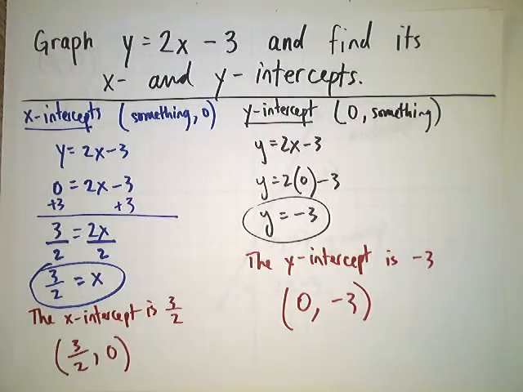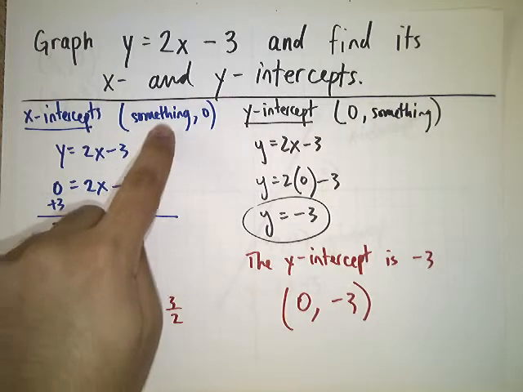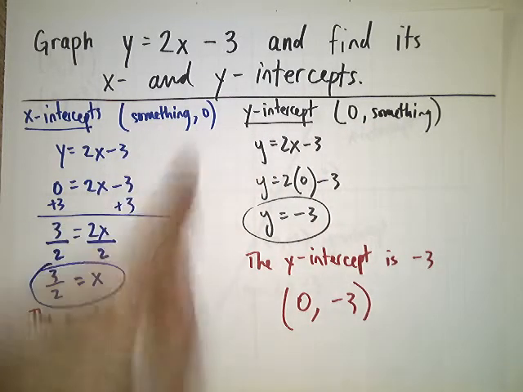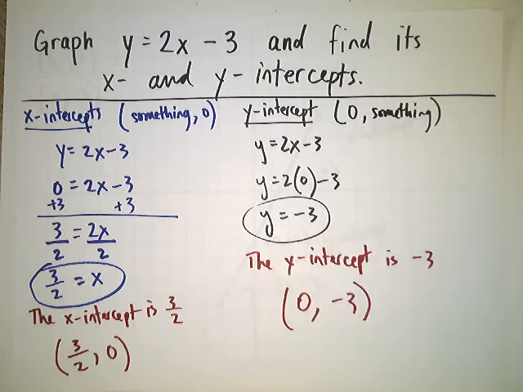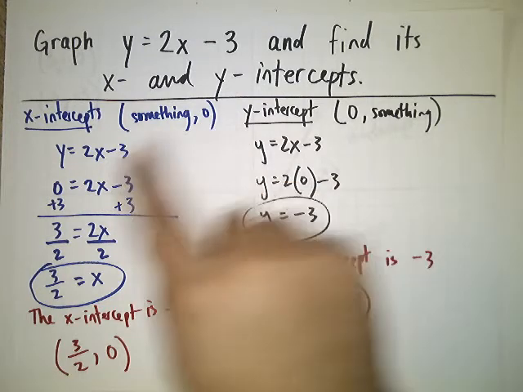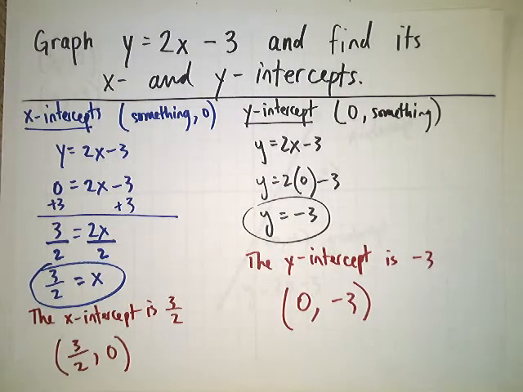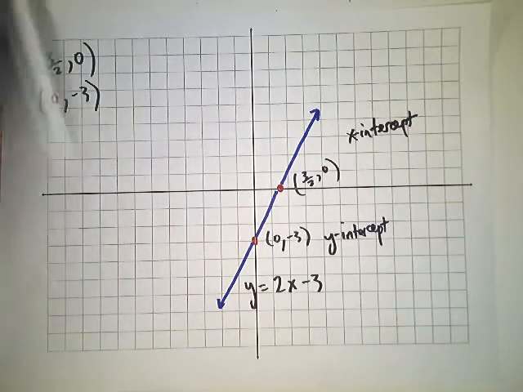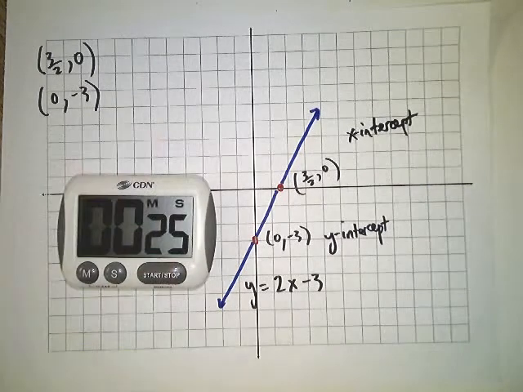We knew what the coordinates of our x-intercept and our y-intercept should look like: something comma 0, 0 comma something. So all we've got to do is plug in whatever coordinate we know into the equation and solve for whatever's left. I'm going to give you 25 seconds to finish up your graph if you're still going.